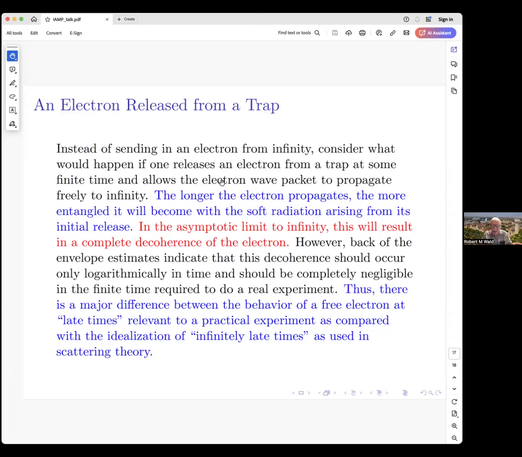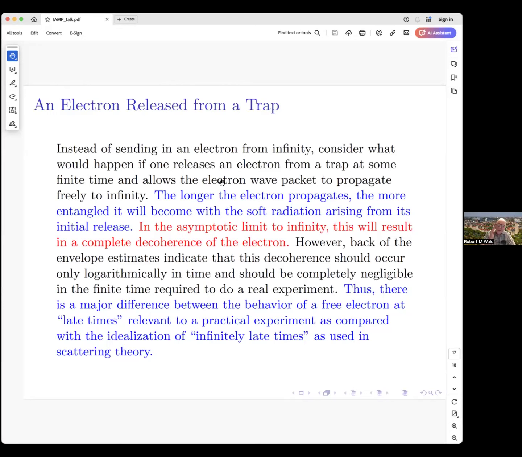It's clear that if you put in any kind of ordinary accelerator dimensions, the decoherence that you get from the soft radiation is a very negligible effect.